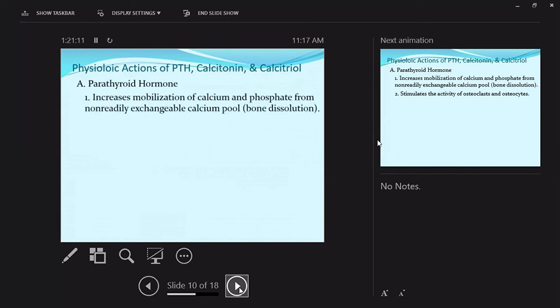What are the physiologic actions of your parathyroid hormone? This increases mobilization of calcium and phosphate from the non-readily exchangeable calcium pool, so it is responsible for bone dissolution.